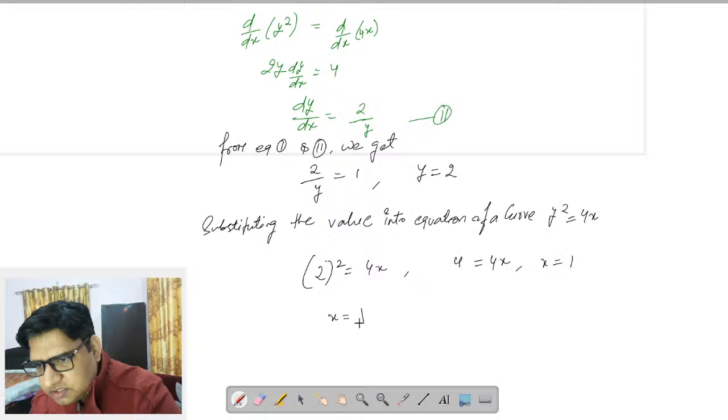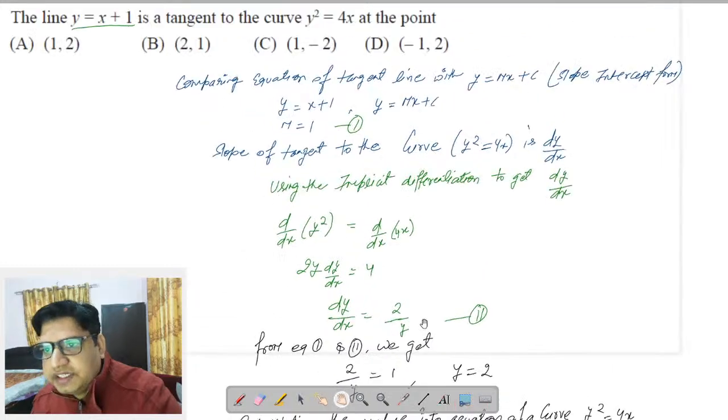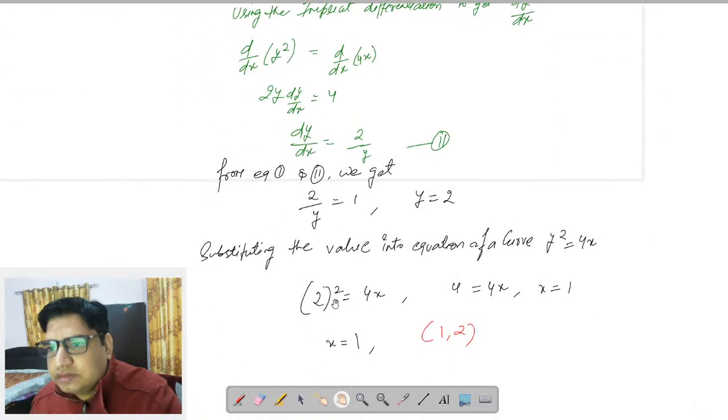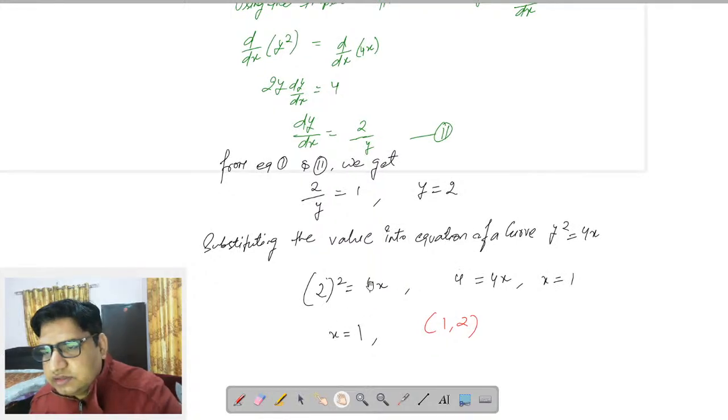So from here we get the point x is equal to 1, y is equal to 2. So we can see that x is equal to 1 and y is equal to 2 is the right answer. We can solve it completely again this way.